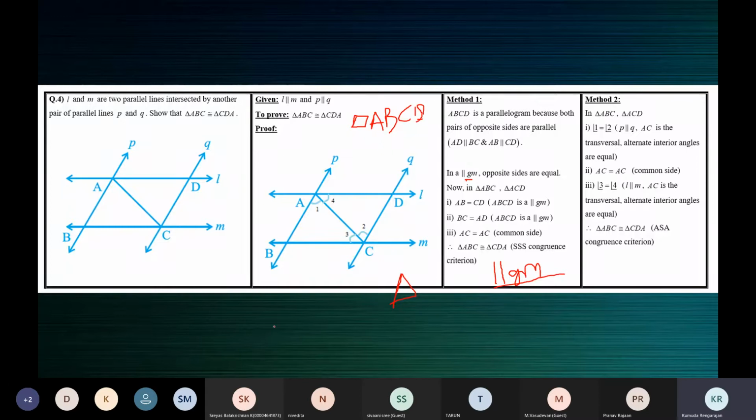When you want to say parallelogram, you can write this symbol. This stands for parallel, and GM is from parallelogram, so it is short for parallelogram ABCD.